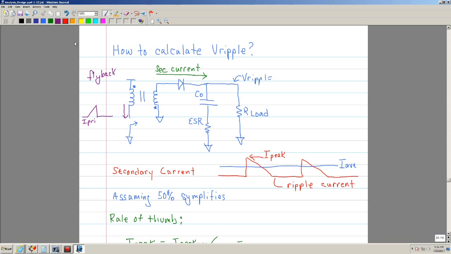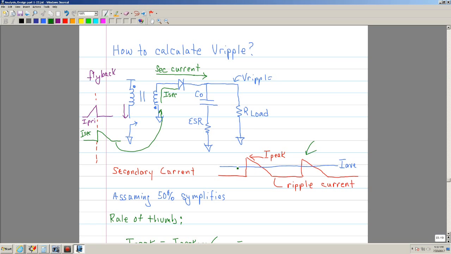When the MOSFET turns off, then the secondary flies up, and you have something like that. So this would be I secondary. And remember, this current is flowing through here, I sec. Okay, so this is what it looks like.